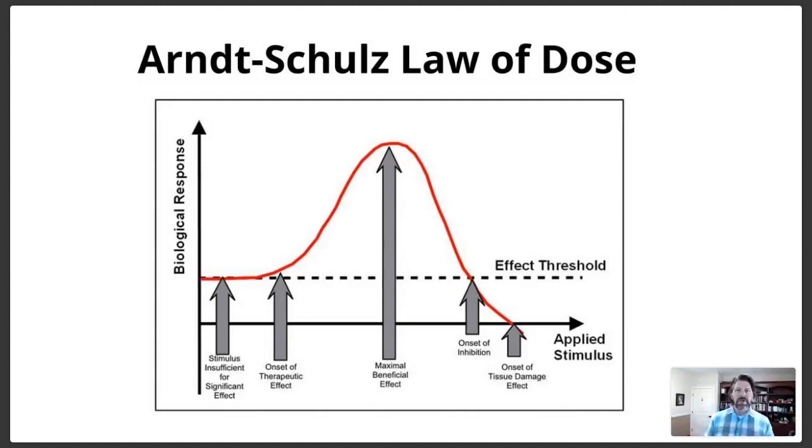So you add more fertilizer, and it's not quite as noticeable of an effect. The plants are still nice and big and beautiful, but you don't get that big initial burst. And you say, wonder what went wrong. And you add more fertilizer, and the plants wilt and die because you overdid it, you overdosed them, and actually poisoned them. That's how the Arndt-Schulz Law works.